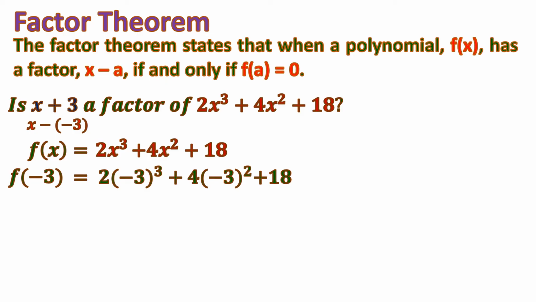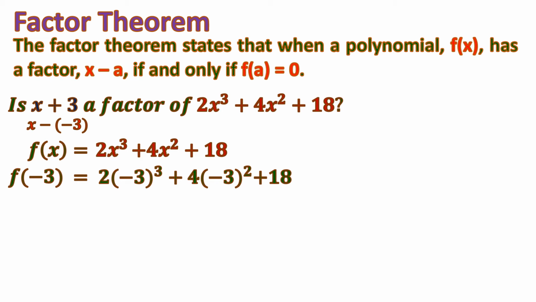It's because the theorem uses x minus a, and x plus 3 can be written as x minus negative 3. Minus negative 3 is actually plus 3, but since in the theorem it's x minus a, it should be in that form. So it's x minus negative 3.